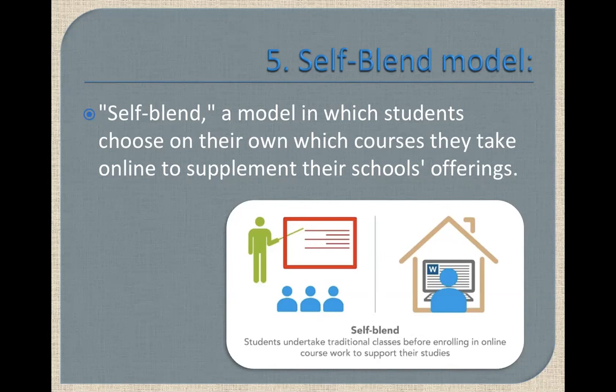So this, I would say, is the self-blend model, because when we say self-blend model, it is basically where students are initiating by themselves, they're interested by themselves, that they really want to know something more about any topic or any subject. So that's the reason it's said to be a self-blend model, where they're trying to learn something, understand something by themselves, right?